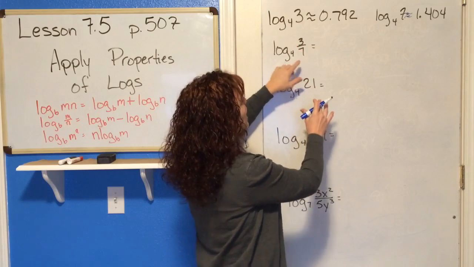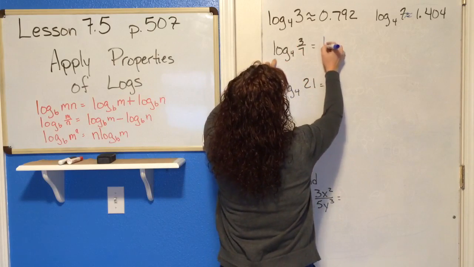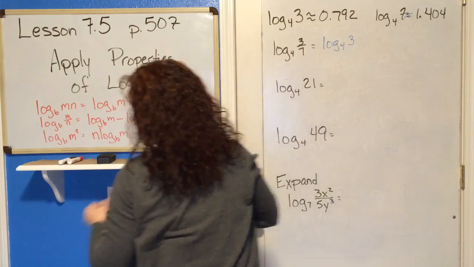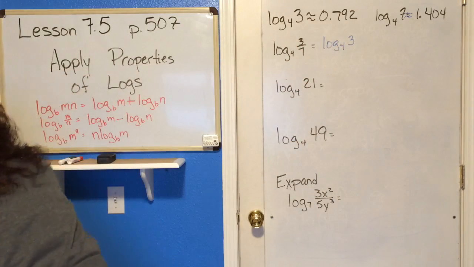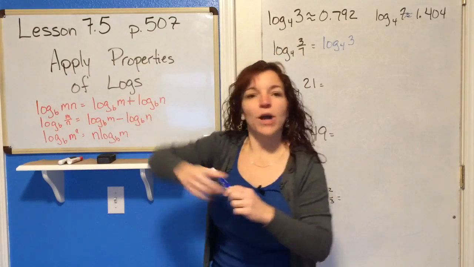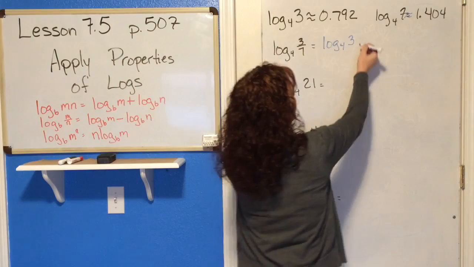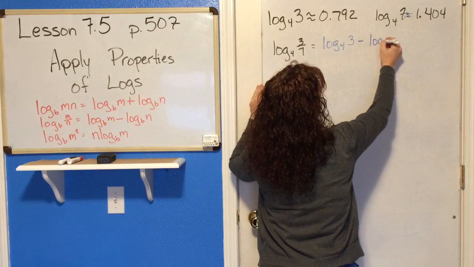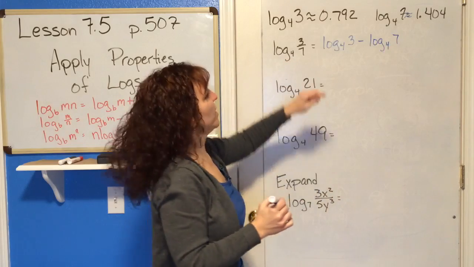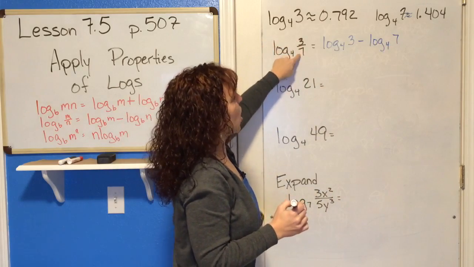What I can do is take the log base 4 of 3, and now remember this is using the division property. So I'm going to subtract them. So log base 4 of 3 minus log base 4 of 7. You see where I got that? So the log of 3 minus the log of 7.